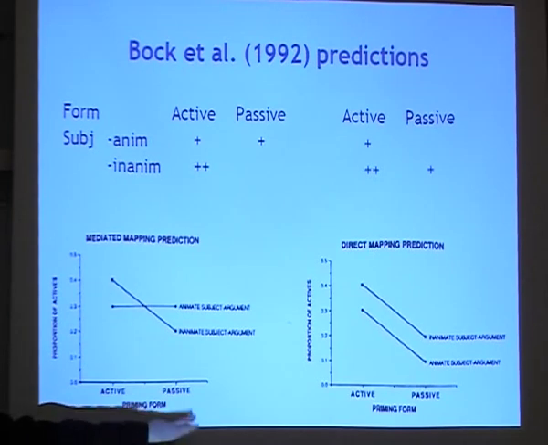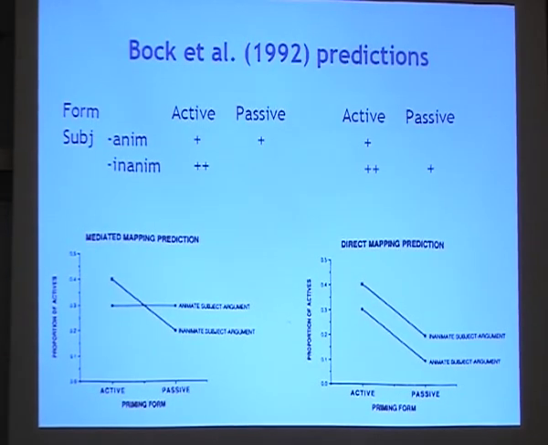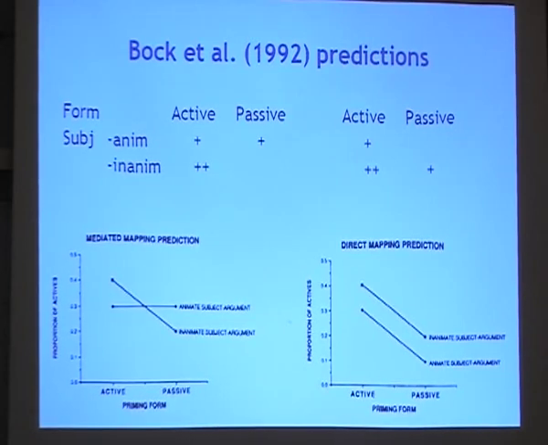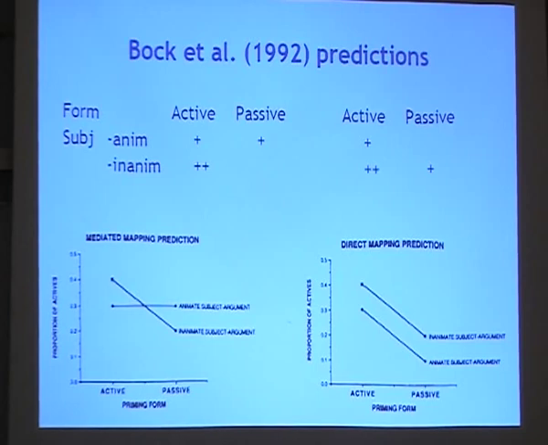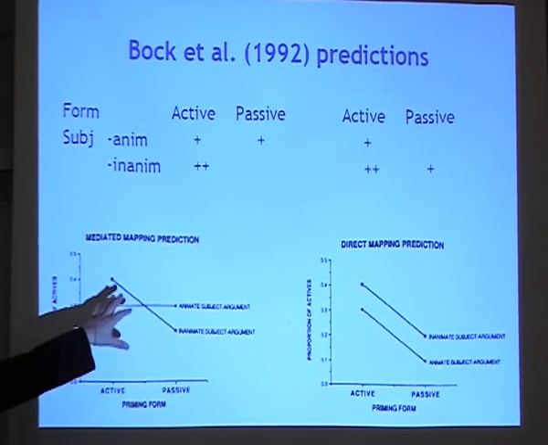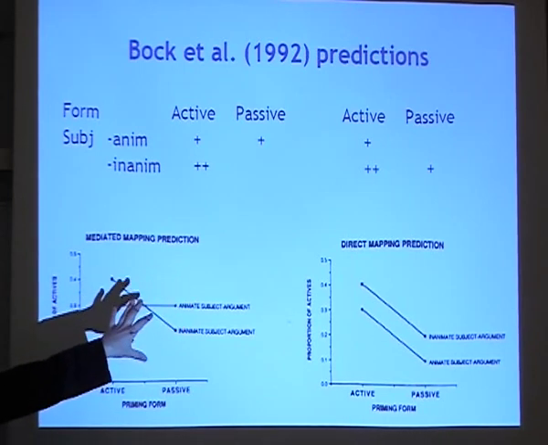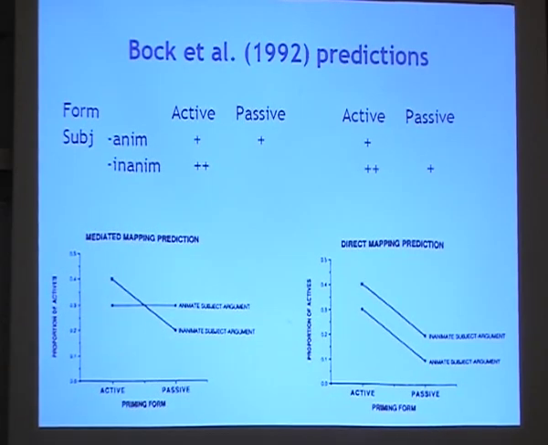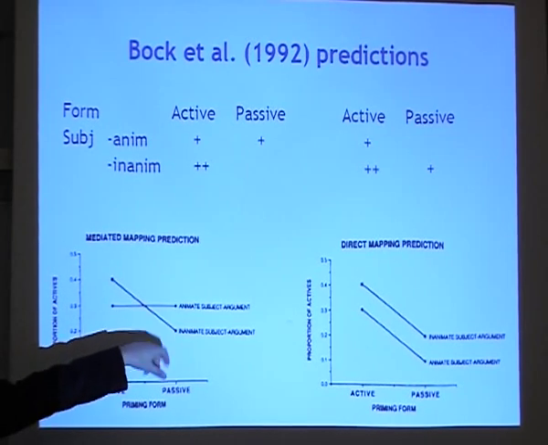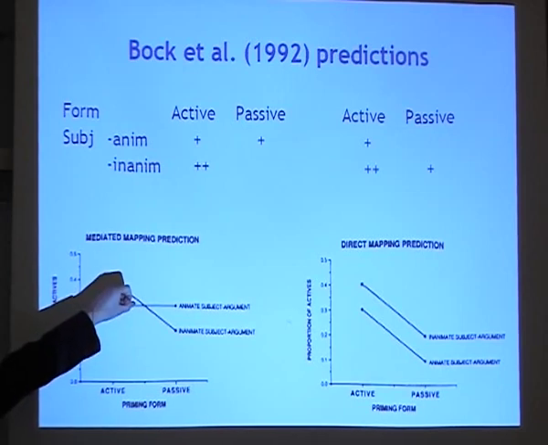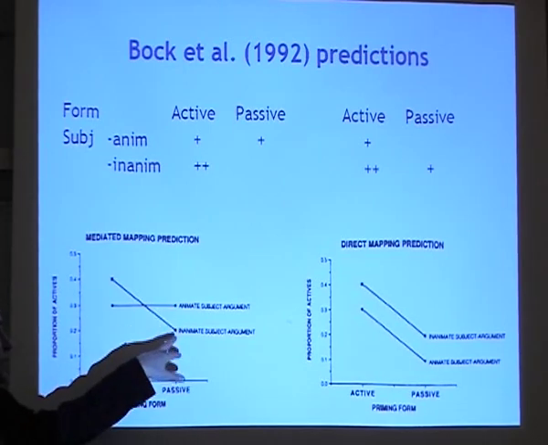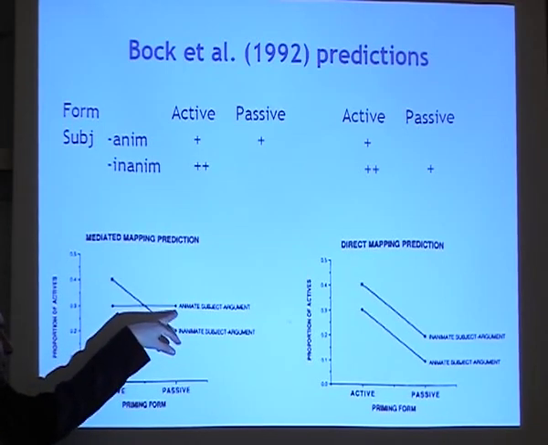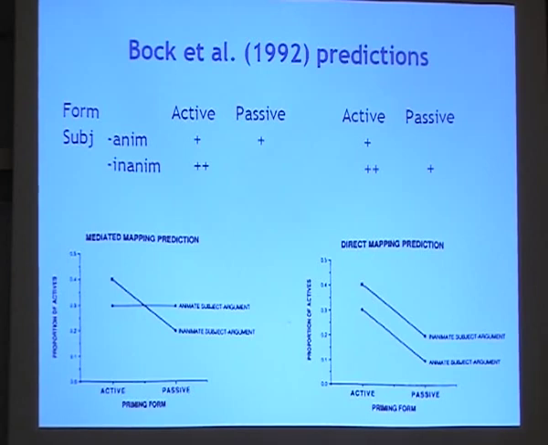But in passive, the predictions are different because it's sort of hard to describe, but the general idea is that after a passive prime, obviously the number of actives decreases in both experiments because the prime was passive, not active. But if the mediated mapping approach is correct, the active sentence, such as the boat carried 5 people, would share something with an animate subject passive prime.